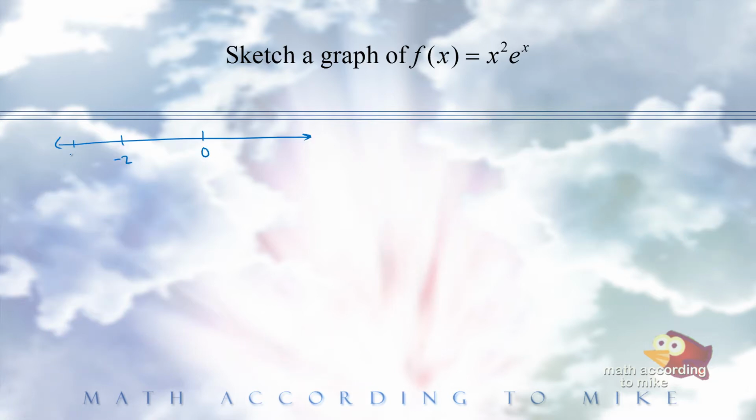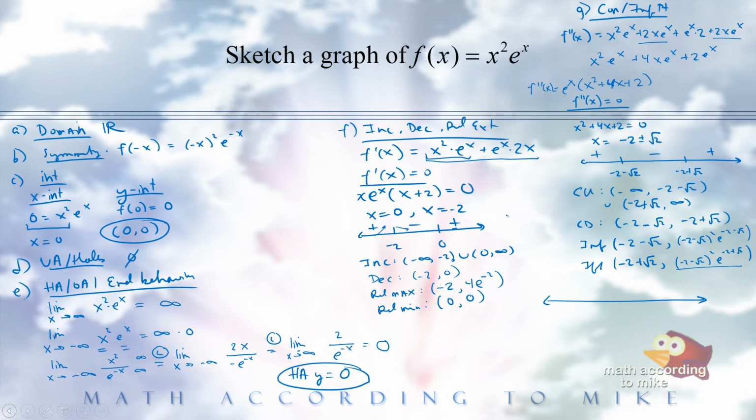Well, -2 minus radical 2 should be here. And radical 2 is about 1.4, which does not make it big enough to surpass 0 when we add it to -2.